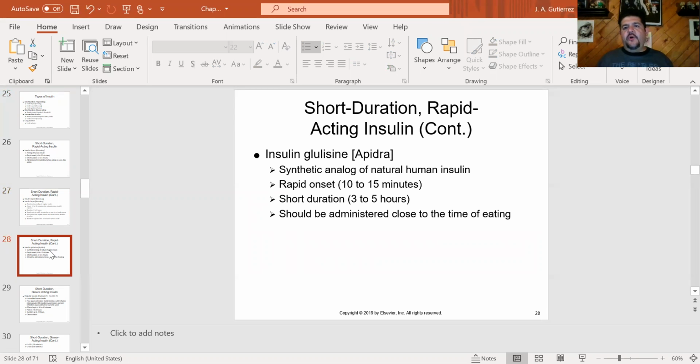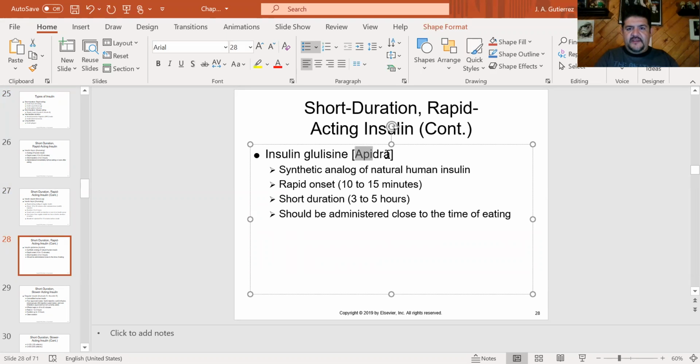The other one that is also short duration rapid acting is insulin glulisine. It's one of the new ones. As you can notice here, the name Apidra doesn't give you a lot of help to relate it to the other one, log ending. This one has fewer adverse effects than the other 2.